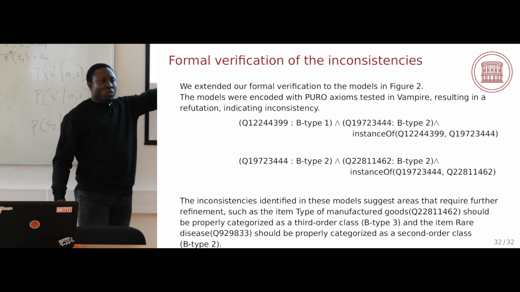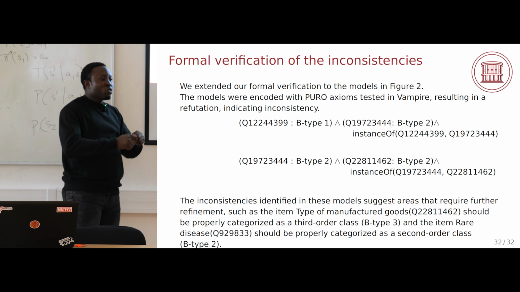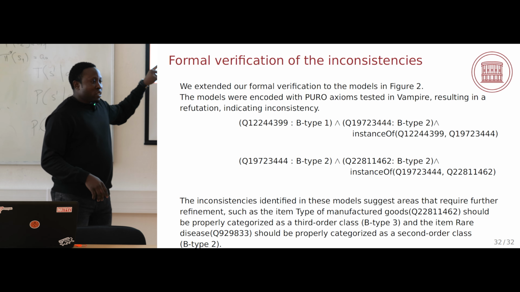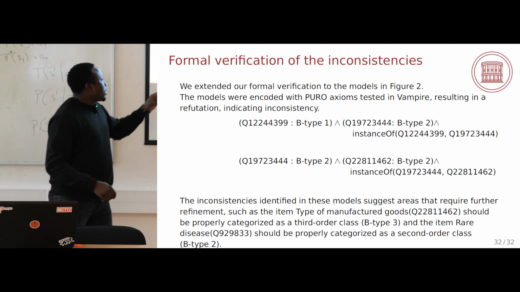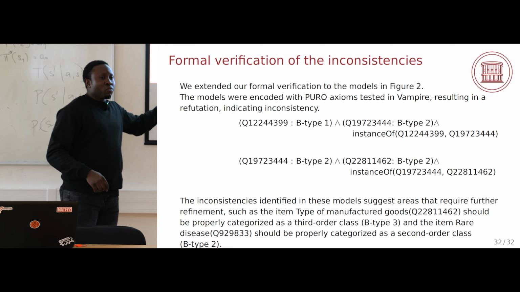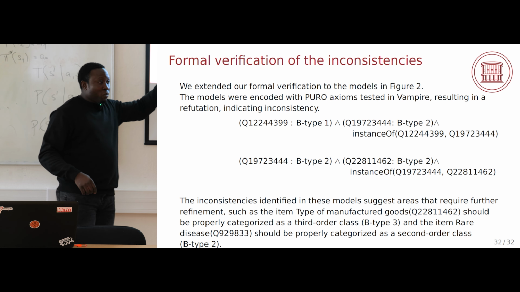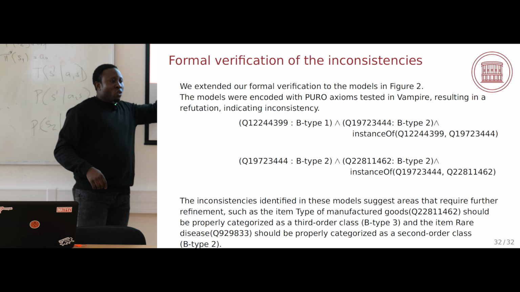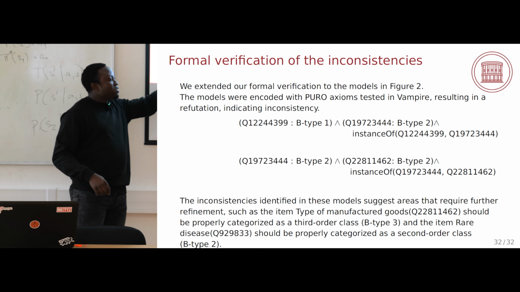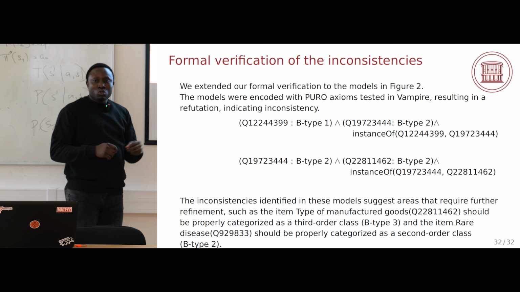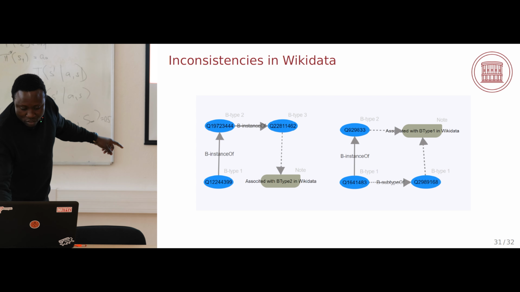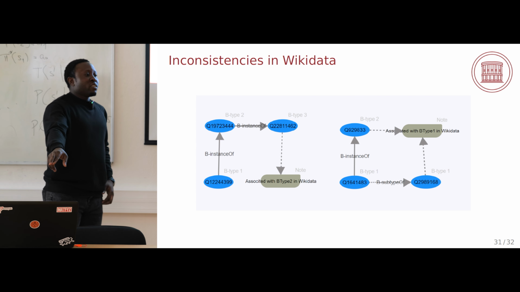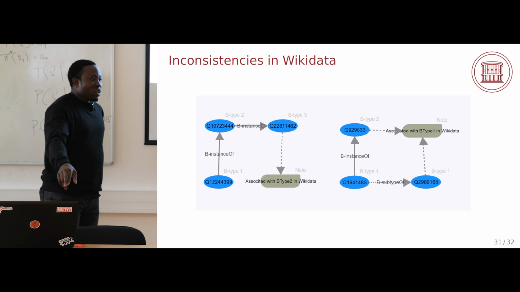This is the logical encoding of it, and then we transform it using the syntax for the first order theorem prover, and run it to check for the consistency, the satisfiability of this axiom. When we run it, it shows that this is inconsistent, which also aligns with our result that these are inconsistent representations in Wikidata.